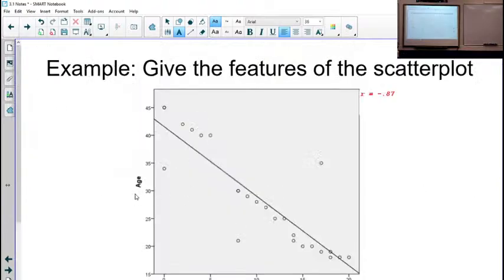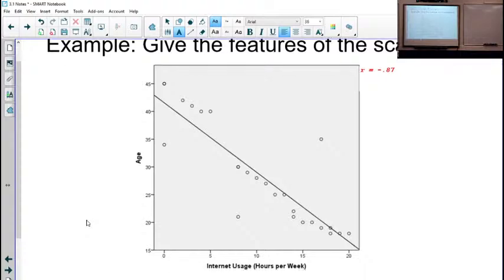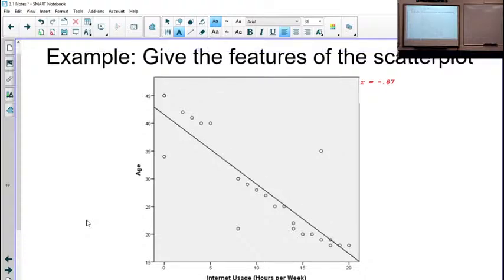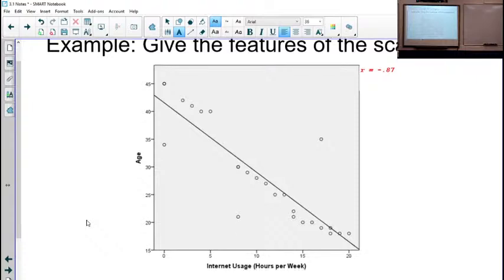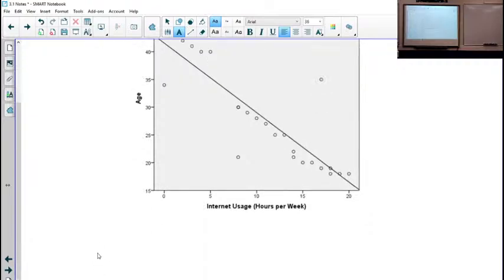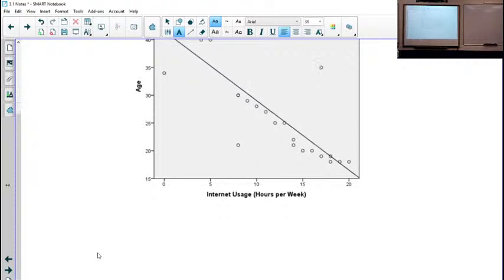Let's do one more. So the terminology for strength is not super exact. They'll usually take a broad scope of answers.